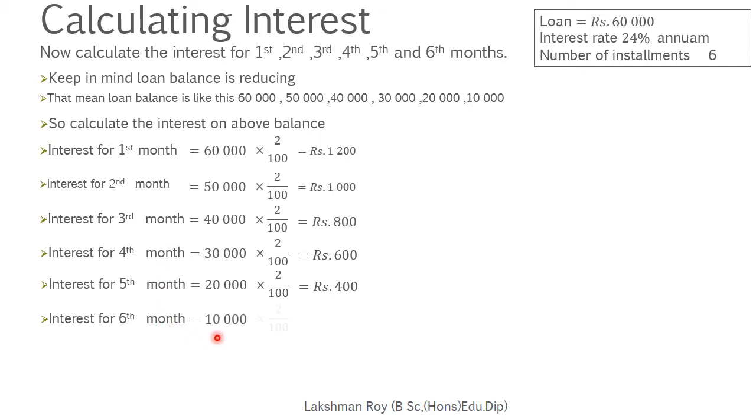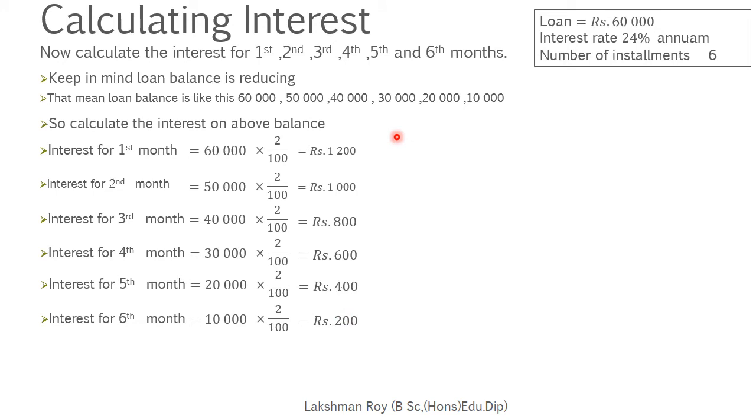So on that 10,000 you have to calculate by the 2%, that means 2 over 100, then you get 200 rupees. Now here you can see we calculate interest for first month, second month, third month, fourth month, fifth month and sixth month, right? So this is the long method.